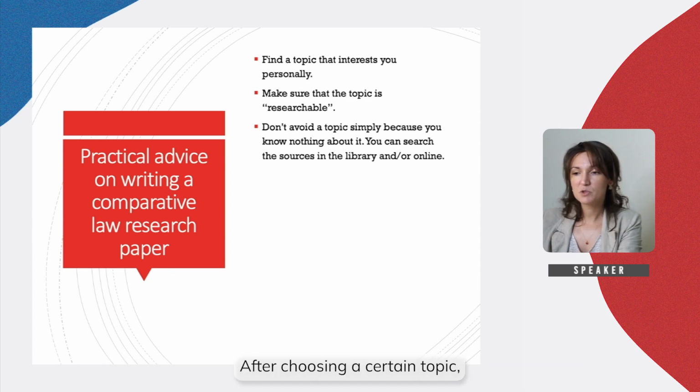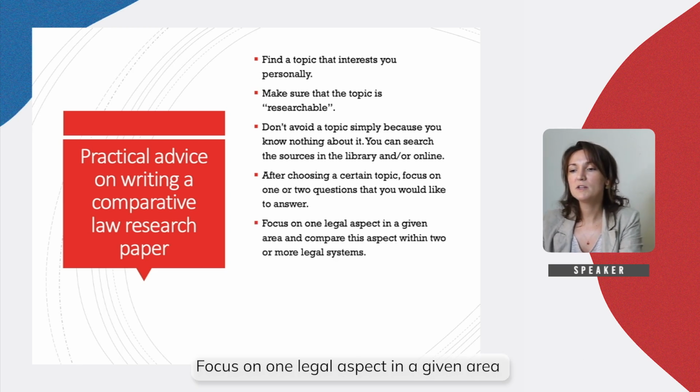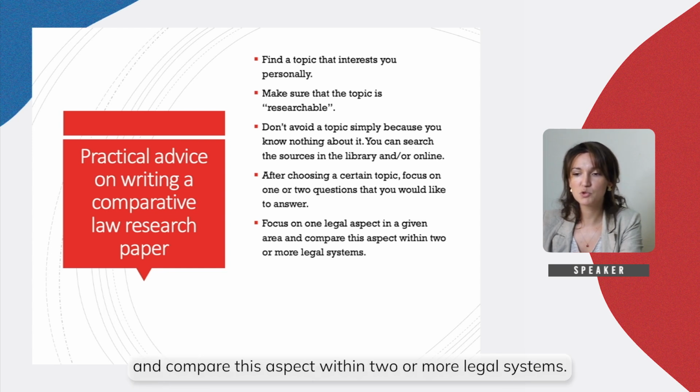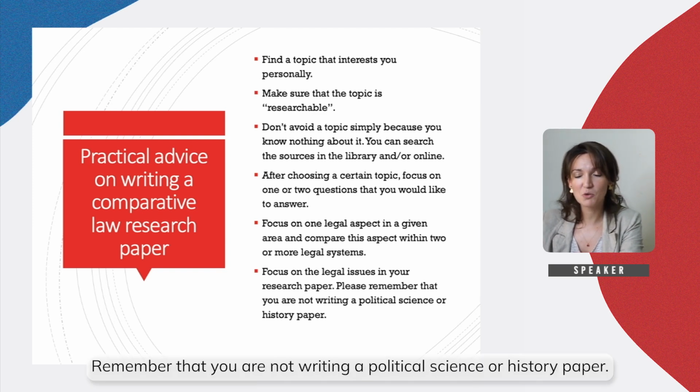After choosing a certain topic, focus on one or two questions that you would like to answer. Focus on one legal aspect in a given area and compare this aspect within two or more legal systems. And focus on legal issues. Remember that you're not writing a political science or history paper.